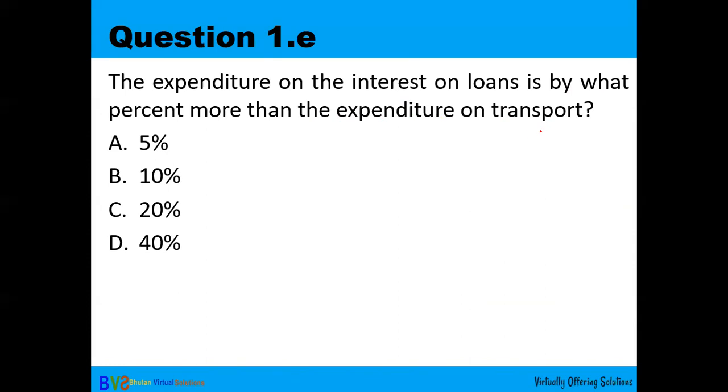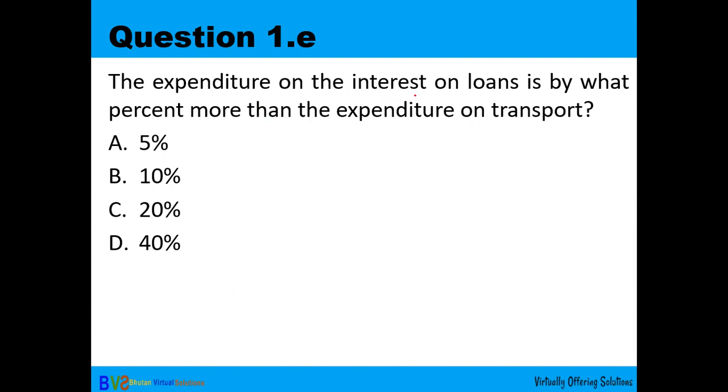Look. Now, how do you find this? We have to find the expenditure on the interest on loan, and then we have to find the expenditure on transport.